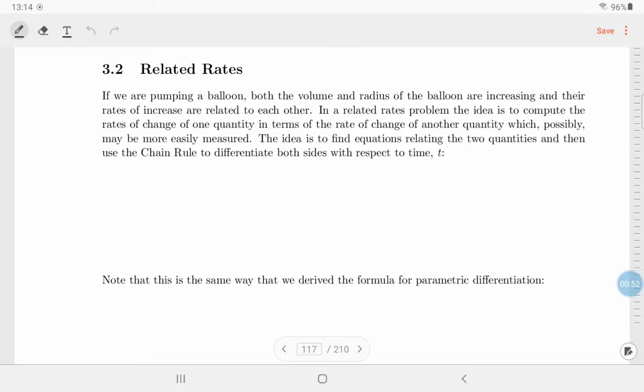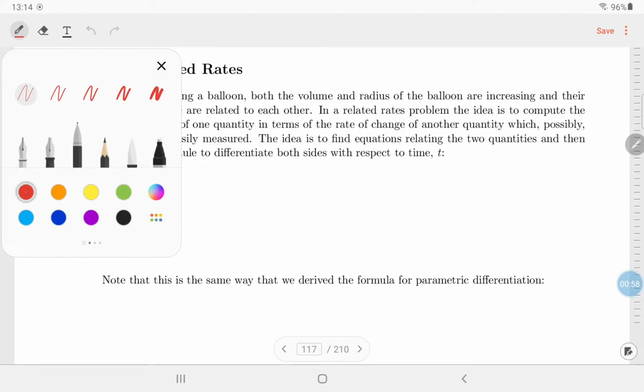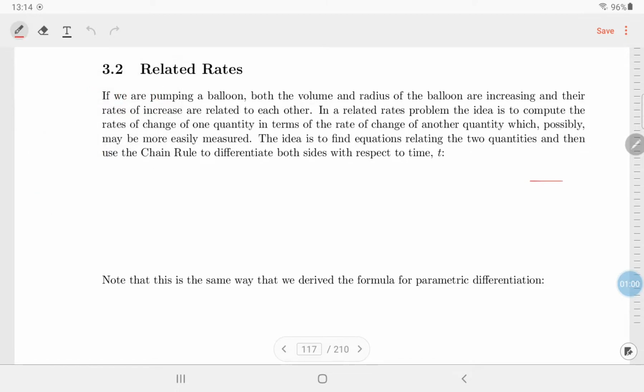So let's see how this might work. I'm not really 100% sure what I want to put in here. So you have a balloon. Well, imagine it's a sphere. And you've got the radius and the amount of stuff. And imagine that they're changing in time. So you can say that V, the volume, is a function of radius.